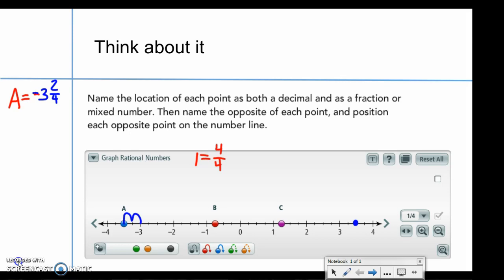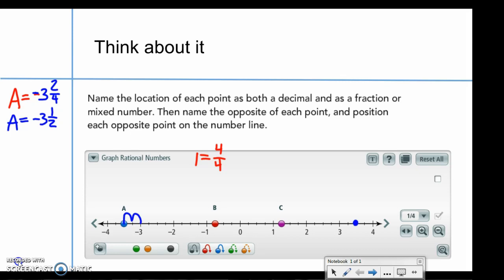Okay? So A is -3 2/4. Now, when we have our little school pizzas, they have 4 pieces. If you eat 2 out of the 4 pieces, you've eaten 1/2. So A equals -3 1/2.